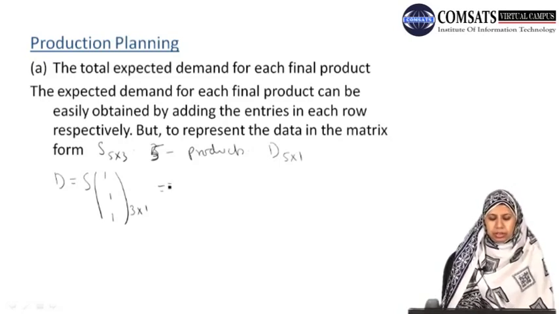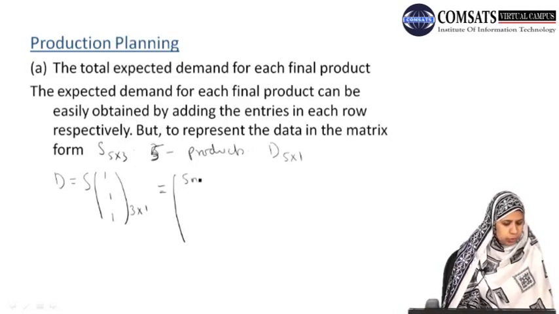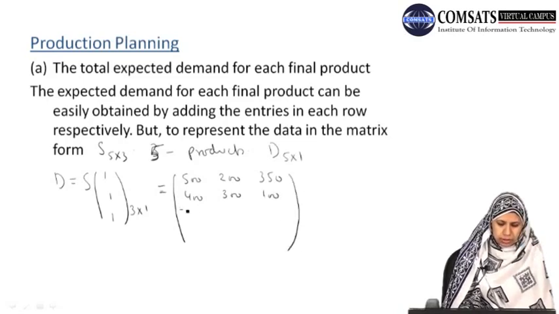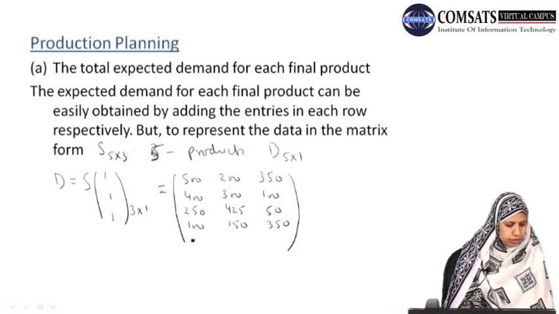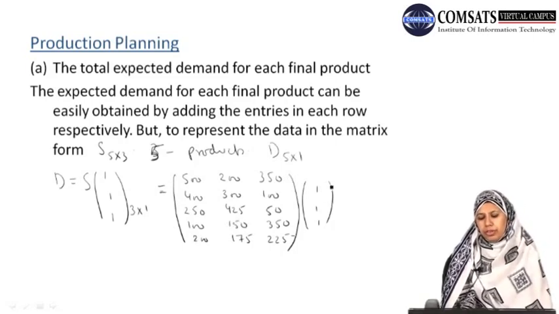They will be simply 1. So our matrix D will be the product of our matrix S, which was the expected sales of each product in our 3 regions, 400, 300, 100, writing our matrix S again, 250, 425 and 50, 100, 150, 350, 200, 175, 225, and multiplying it by our column matrix of order 3 by 1.